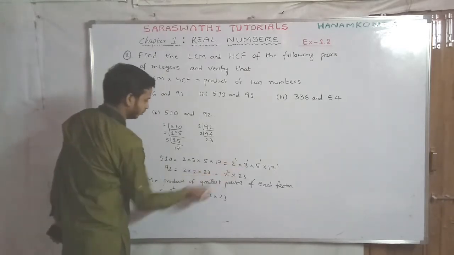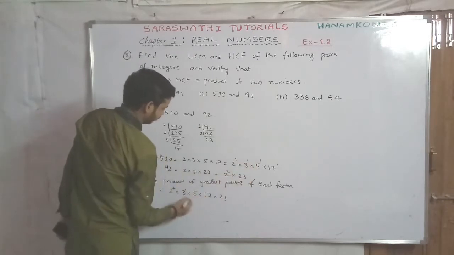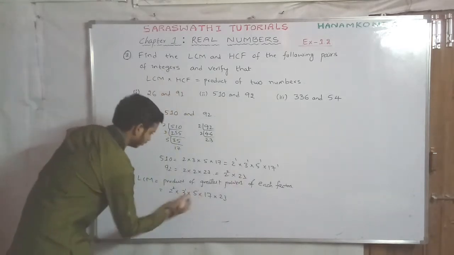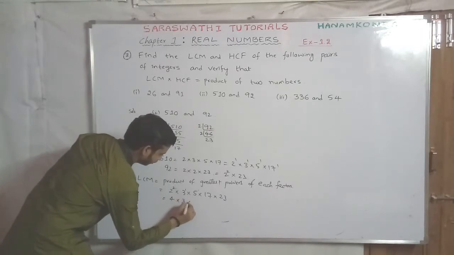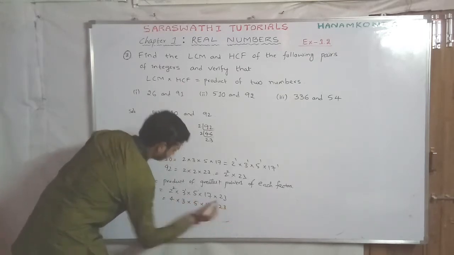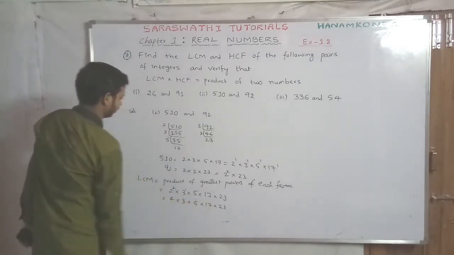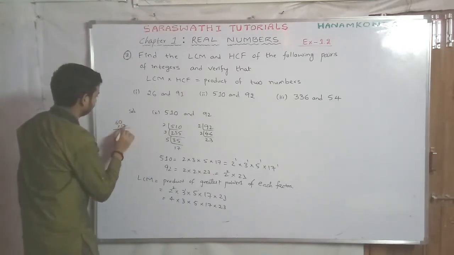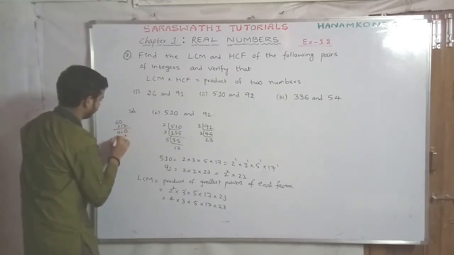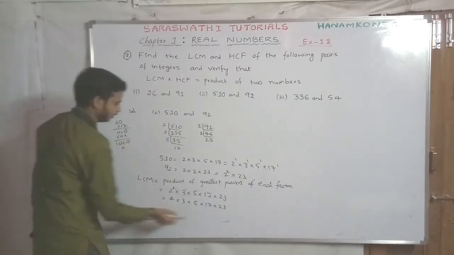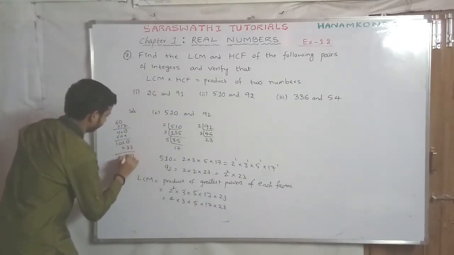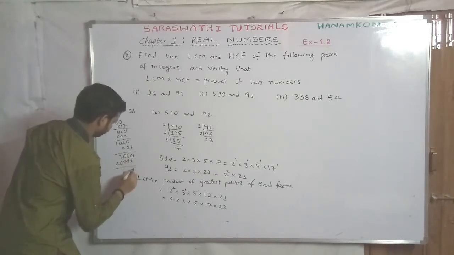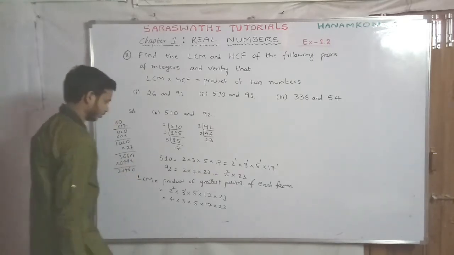The greatest power of 3 is 3 power 1, the greatest power of 5 is 5 power 1, the greatest power of 17 is 17 power 1, and the greatest power of 23 is 23. So 2 square is 4, into 3 into 5 into 17 into 23. 4 3s are 12, 12 5s are 60, then 60 into 17 is 1020, and 1020 into 23 is 23,460.